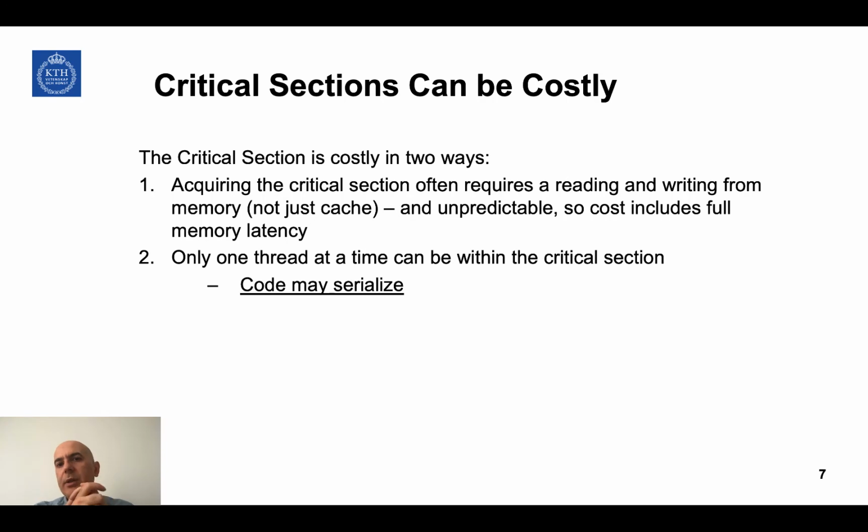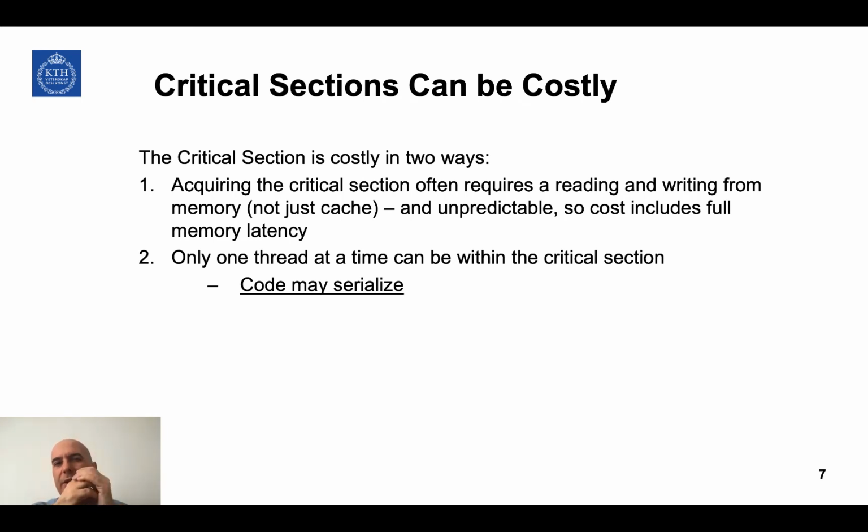However, a critical section can be expensive when talking about performance. The critical section is costly in two ways. First of all, acquiring the critical section often requires reading and writing from memory, not just the cache. Just think how you would implement a critical section. Probably you have a variable, a kind of lock, and as soon as a thread comes in, it changes the value of this shared variable.